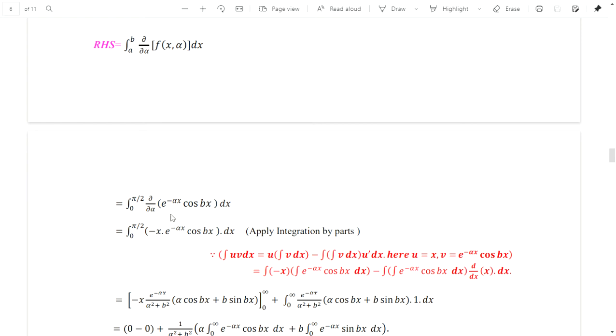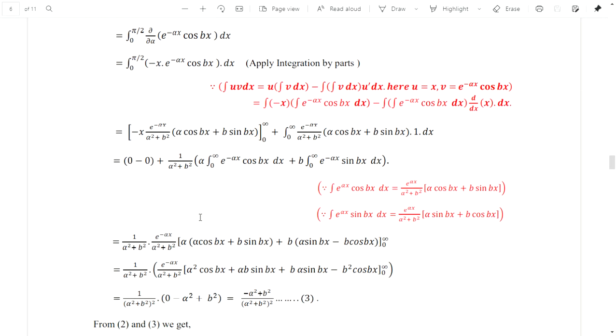Now let us do the differentiation of this. Here this is in the form of u into v, dou by dou alpha of e to the power minus alpha x into cos bx. We are doing the differentiation with respect to alpha. Alpha is only here, so cos bx is treated as constant.